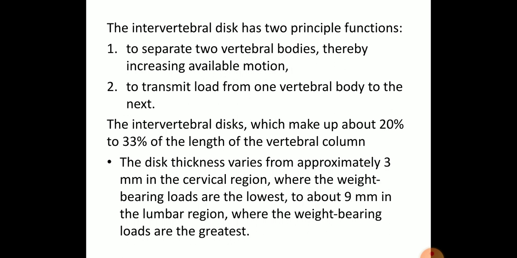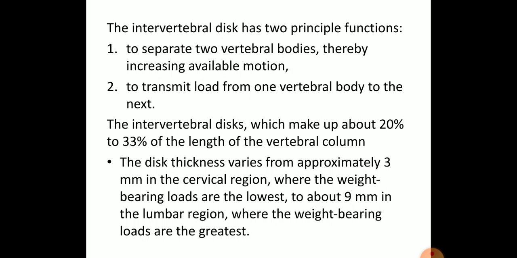In the cervical region, because it's the beginning of the column and less force needs to be transmitted from one body to the other, the approximate thickness of the disc is about 3 millimeters. In the lumbar region, the amount of load transmitted from one vertebral body to the other is high compared with the cervical region, so the thickness increases to approximately 9 millimeters.